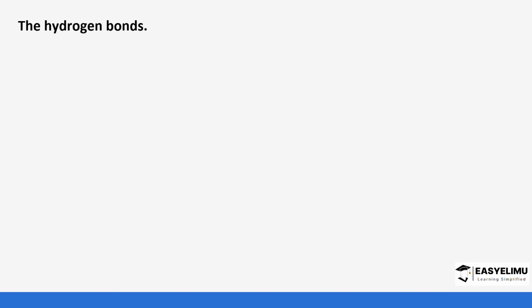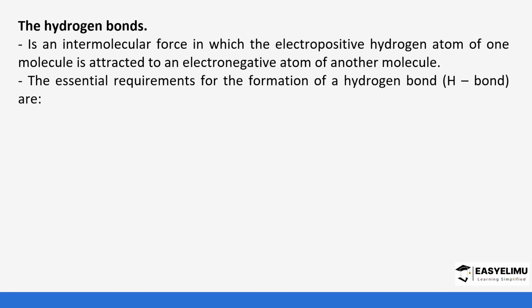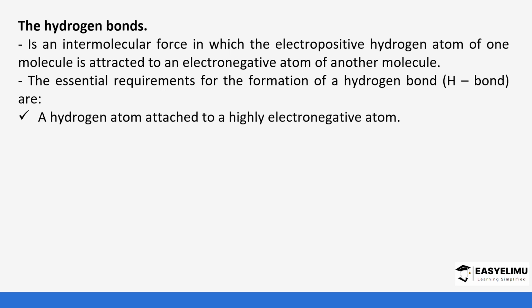And then we have the hydrogen bonds. Hydrogen bonds usually occur as a force between the electropositive hydrogen atom of one molecule and the electronegative atom of another molecule. It usually causes the formation of a bond that is stronger than the van der Waals forces.